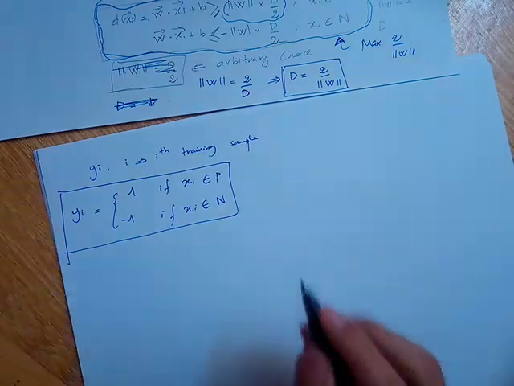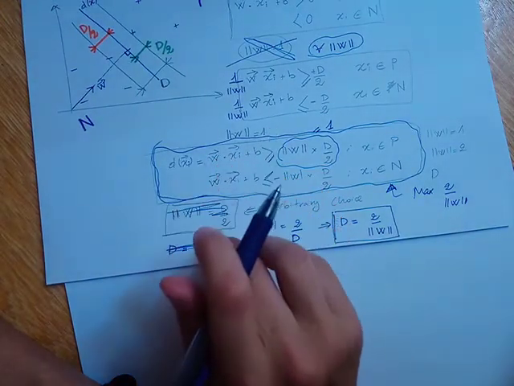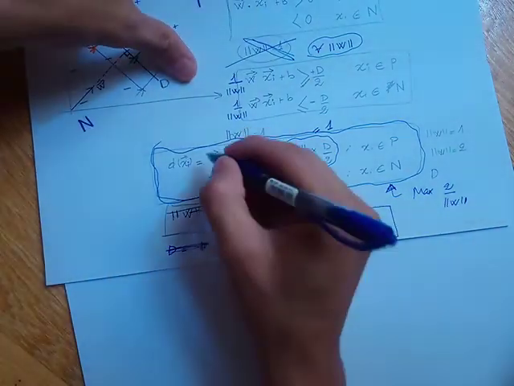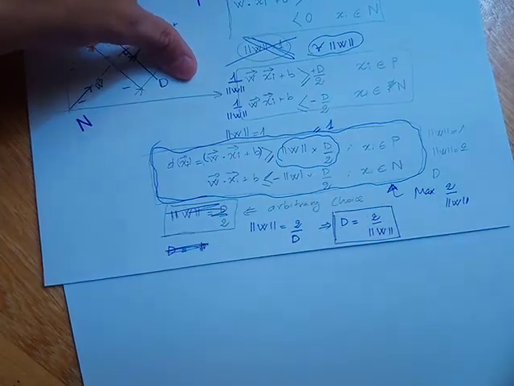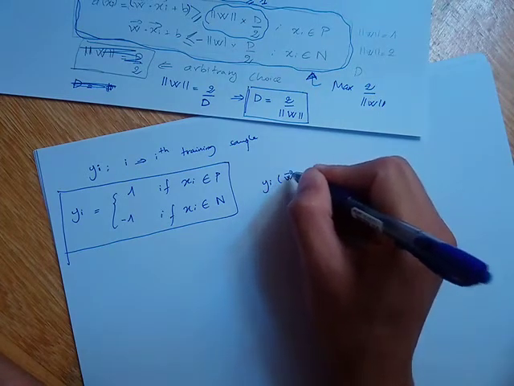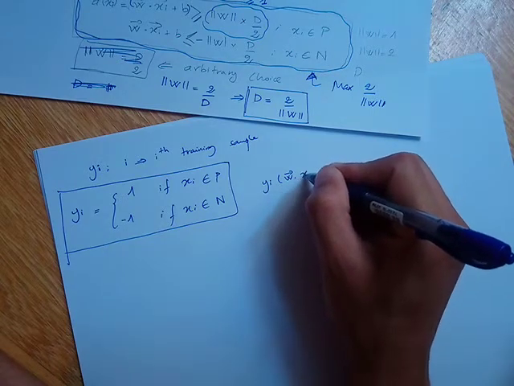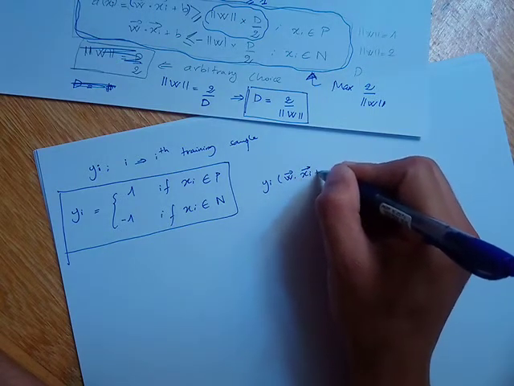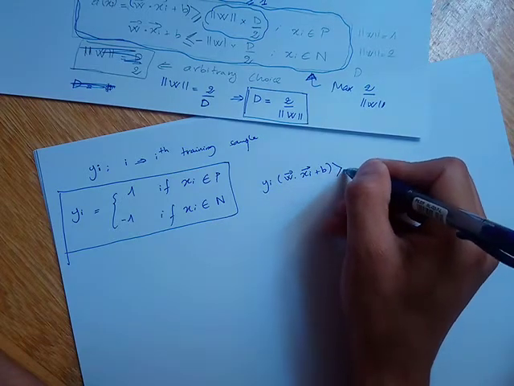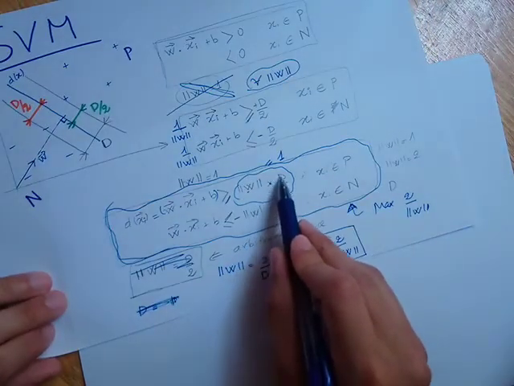Now, based on that, I can modify this equation here by multiplying everything here by yi. So this is what I will get. I will get yi multiplied by W dotted with xi plus b, and this thing should be higher or equal than the magnitude of W multiplied by d by 2.